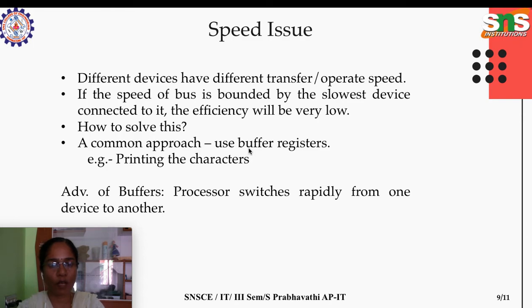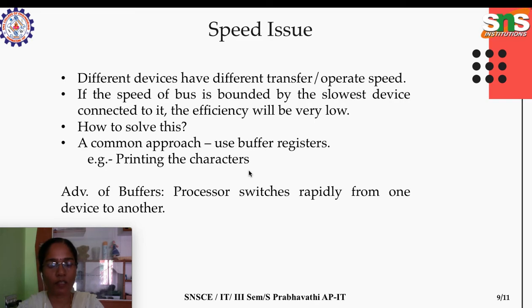So while it is printing, the processor can move to some other task. It can quickly move to perform some other task between the devices. So buffer registers are one way to resolve the speed issues between slow operating devices like electromechanical devices such as keyboard and printer, and fast functional units like memory and processor.